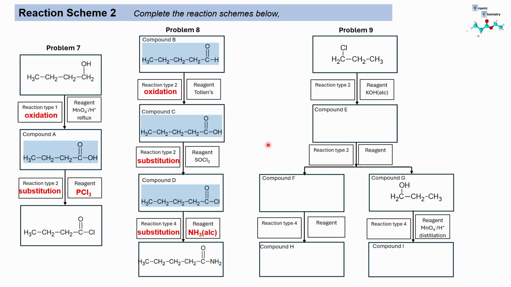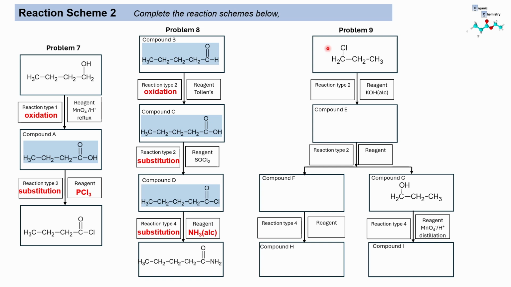Okay, so let's have a look at problem 9. With problem 9, I can see that if I start with this haloalkane, I can produce a molecule that will go on to produce an alcohol. Now the alcohol is only one of the products produced from the second reaction. So this must be a reaction where there are two different options where to add the functional group.